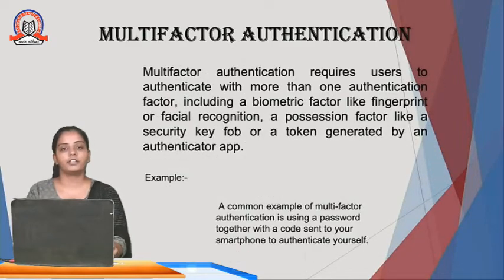Next is multi-factor authentication. It is the same as two-factor authentication, but they are using 3 factors, 4 factors, different factors. If you are aware of the CoinDCX app, a trading application for Bitcoin, if a user wants to log in, they should have login details, a password, an OTP on the mobile phone, and also the email ID.